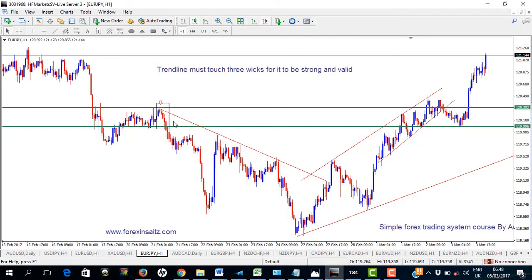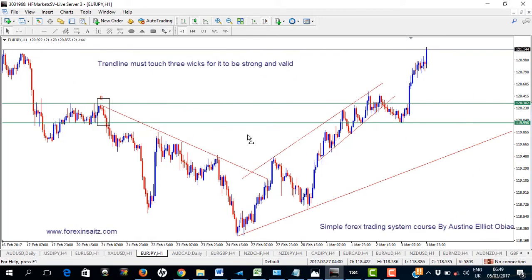If it does not touch, we can't have it. Sorry, we need a lower high for a bearish trend line, while we need a higher low for a bullish trend line. So this is it on trend lines.